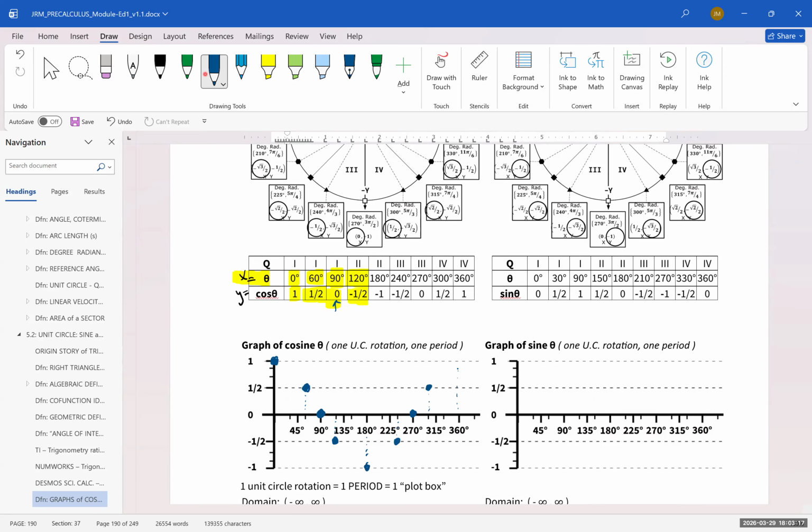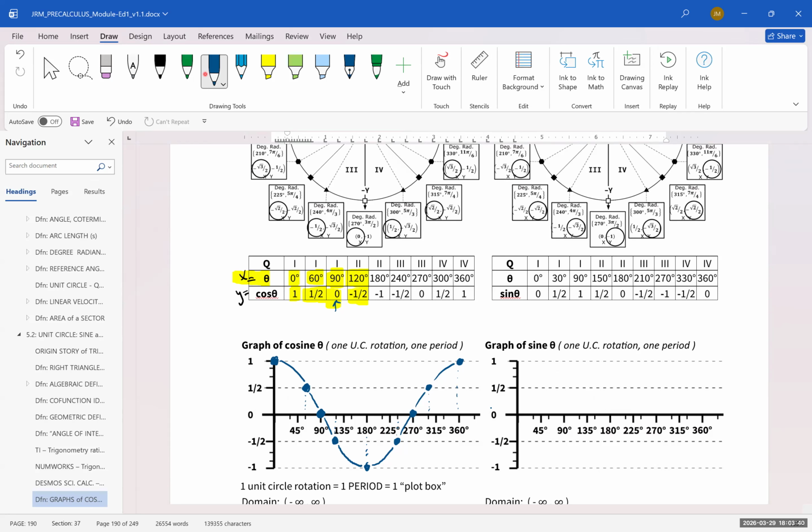And then at 360 degrees, which is one full rotation around the unit circle, we have +1. So if we kind of connect these dots, what you get isn't a straight line. What you get is a curve that looks like that.